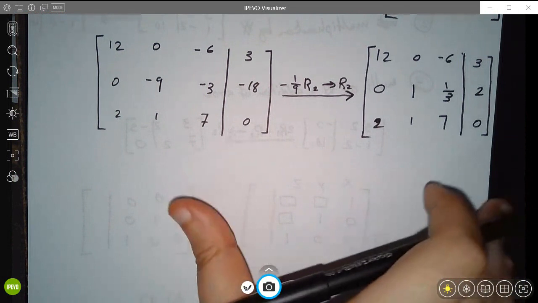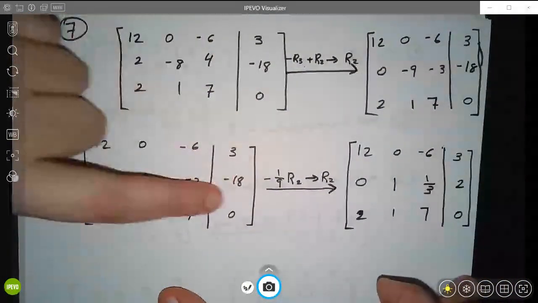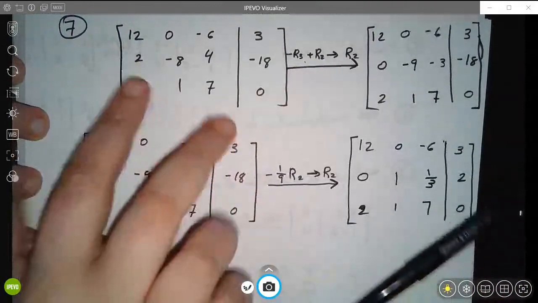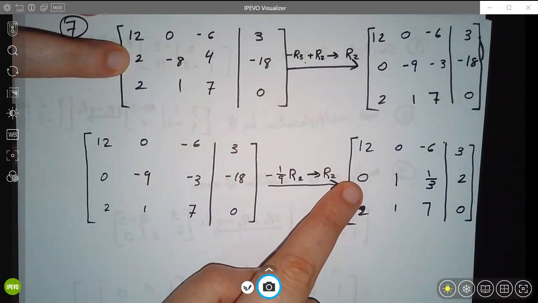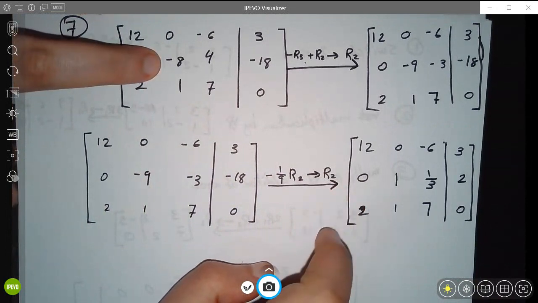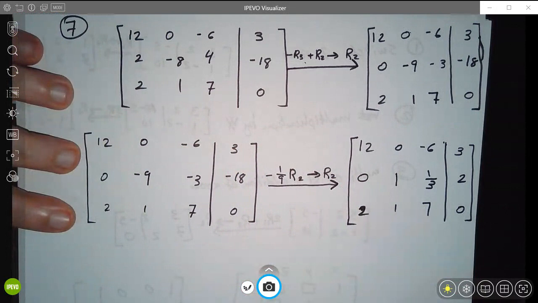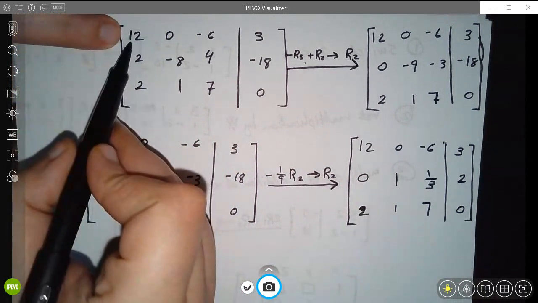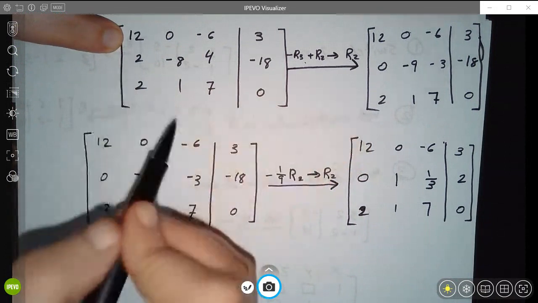Now, did you notice how with these two operations that I did, first operation, second operation, row 2 went from having a 2 in the first value to a 0, and from a negative 8 to a 1? That's what you want to aim for. Your goal is to turn the first value in the first column, first row, to this one right here, into a 1.